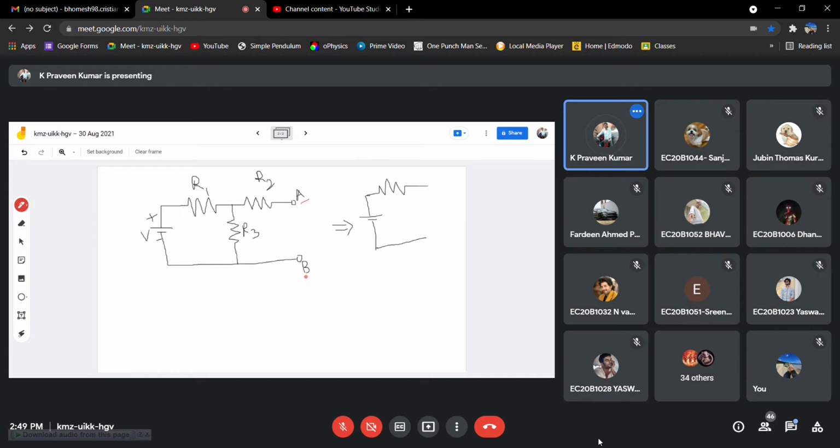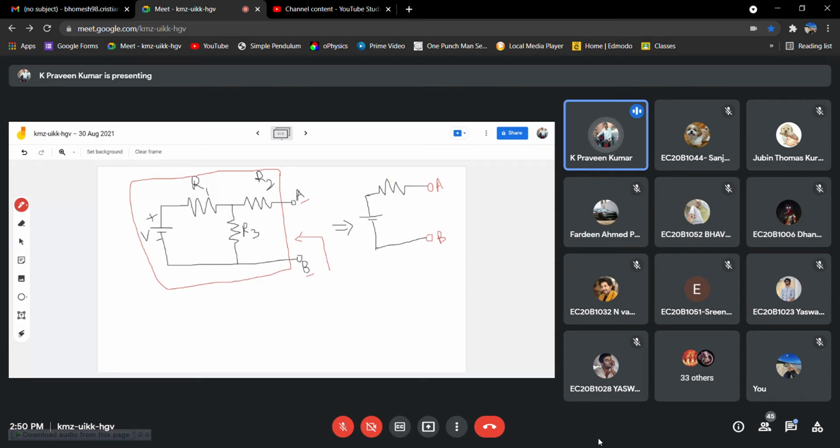Across the terminals A and B. So these are my load terminals A and B. If you see from the terminal side AB, this is the entire network, T network with a voltage source V. Across these terminals A and B, this entire network can be replaced with a single voltage source and a single resistance.